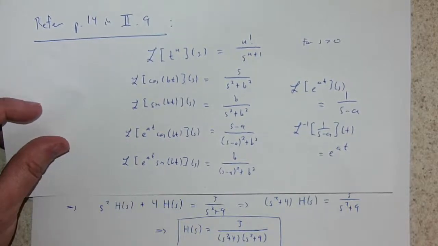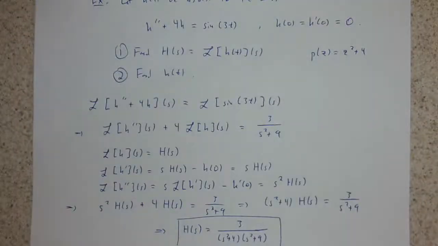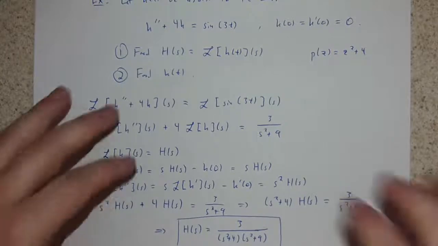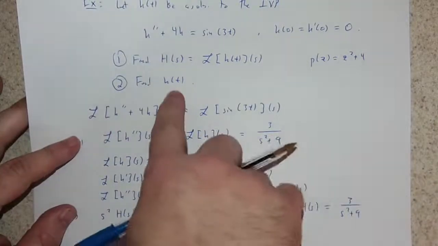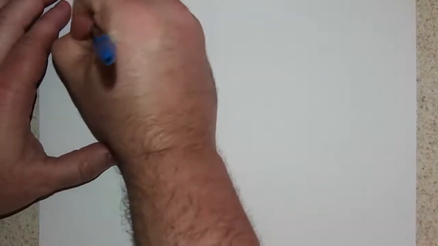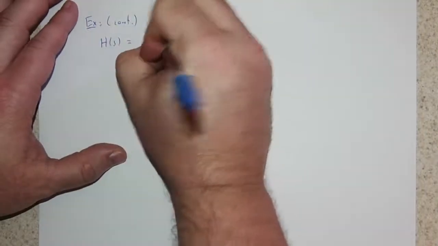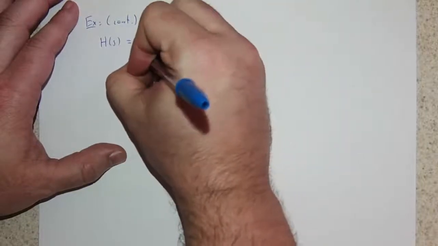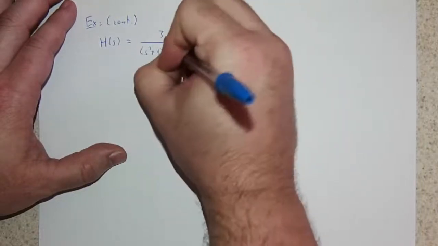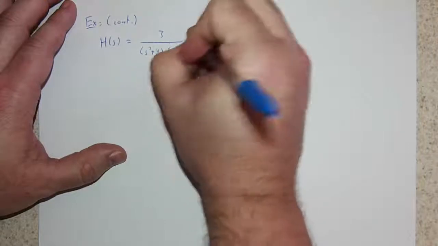So what is the idea here? What do I want to do? Well, similar to last time, if I'm going to find the inverse Laplace transform of this, let's rewrite this. Here's my same example continued. H of s is 3 over s squared plus 4 times s squared plus 9.